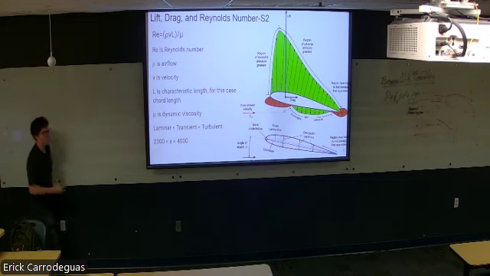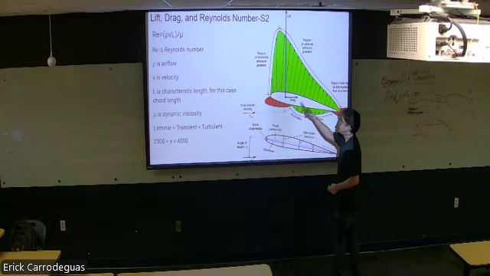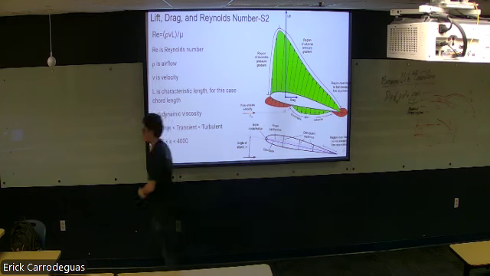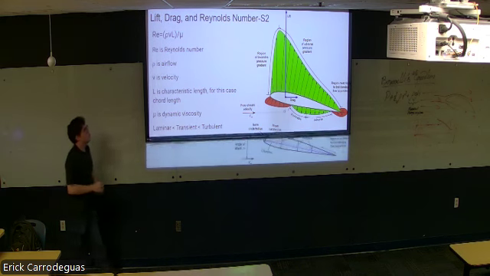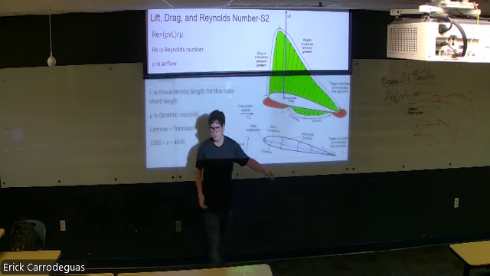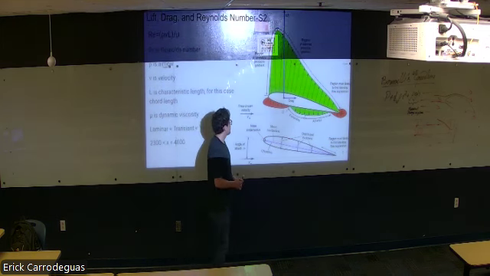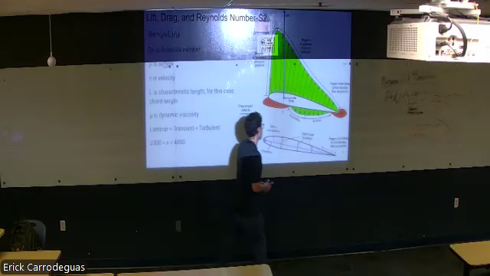Okay. So this shows the amount of pressure on an airfoil as it's traveling with a uniform speed at a uniform angle. This is called the chord line right here.